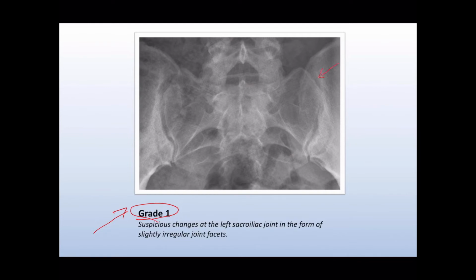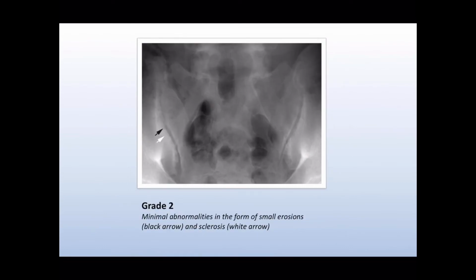Here, the joint facets have become irregular. This is grade 2. Here, you can see some small erosions and there is also some sclerosis. The erosions have been shown in black arrows and the sclerosis in white arrows.